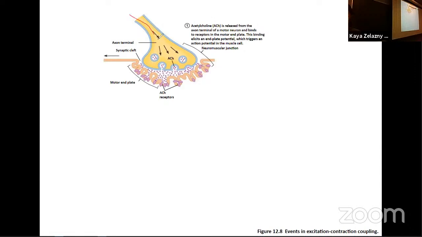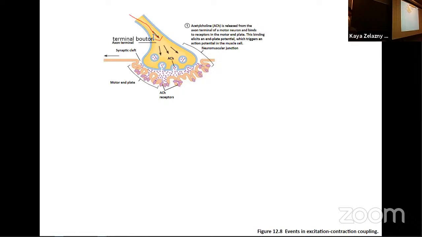You've decided you want to contract, let's say your triceps. So here we have our nerve coming in, goes to our axon terminal, which in this case, because we're talking about a neuromuscular junction, I label the terminal bouton. Same thing as an axon terminal, but sometimes we use specialized terminology when we're talking about a neuromuscular junction.